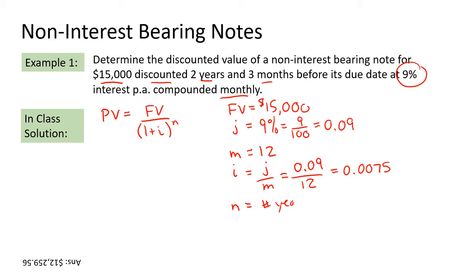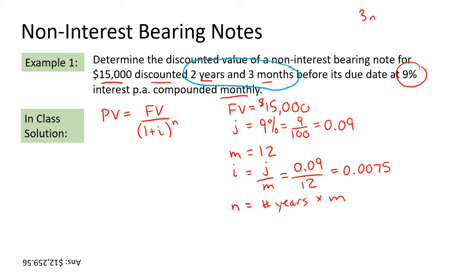Lastly, the last term we need is the total number of compounding periods, N, and that's equal to the number of years for the term, or in this instance, the number of years it was early, multiplied by the number of compounding periods per year. So the number of years, if you'll notice from the question, I'll highlight it in blue, is given as both years and months. So we have to convert the months portion into years.